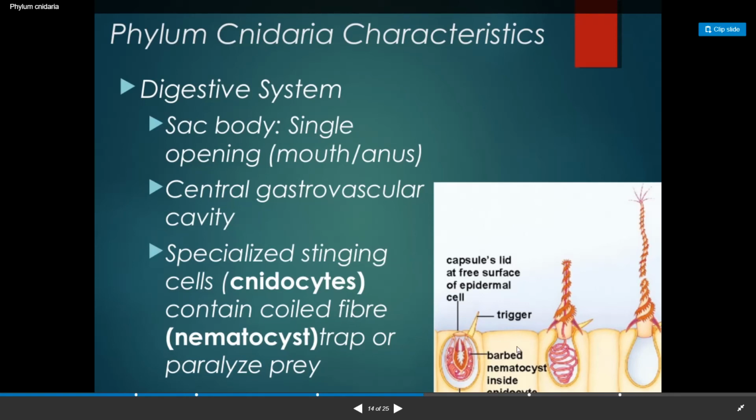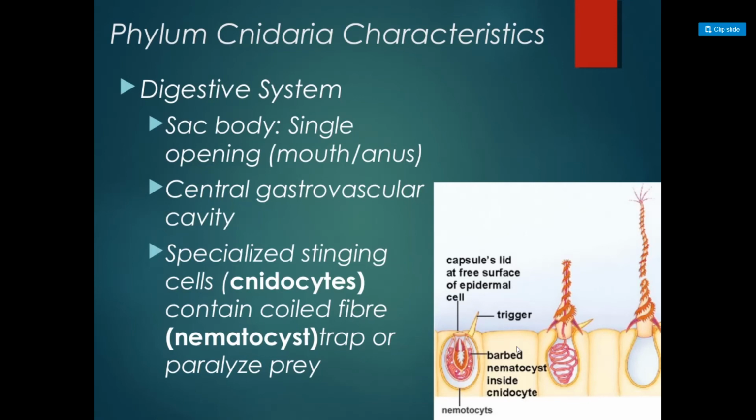So in sea anemones, most of the time their nematocysts are not long enough, big enough, strong enough to do anything to a human. It just feels a little sticky. Whereas with a jellyfish, they have a long enough nematocyst to give you some shock.